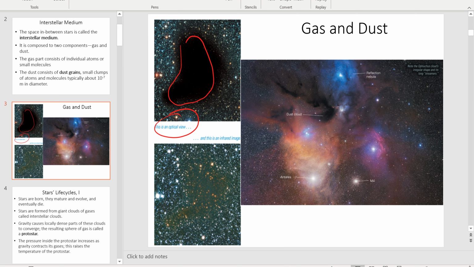But if you look at exactly the same region in the infrared part of the electromagnetic spectrum, you can see that there are stars behind it. You can see there's material there. And that's because dust often scatters light, and in particular, it tends to scatter visible light. On the right side here, we have another picture of the interstellar medium with a bunch of gas and dust.